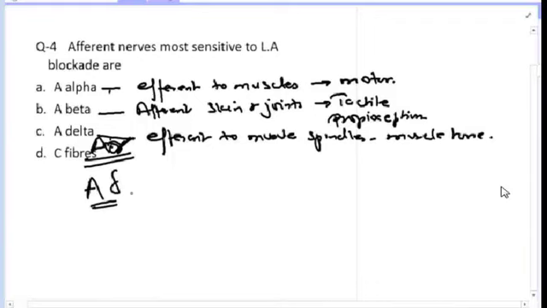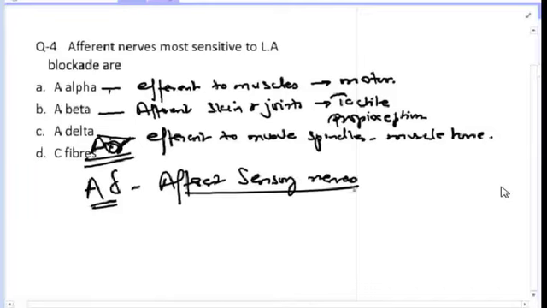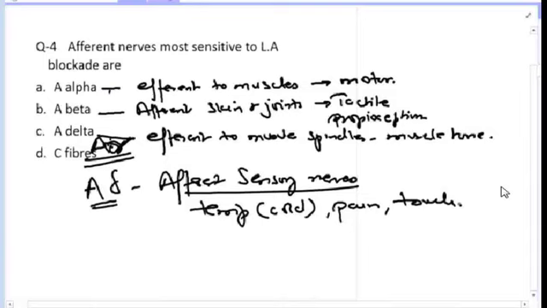A delta fibers are afferent sensory nerves, and they mediate temperature, cold, pain and touch.